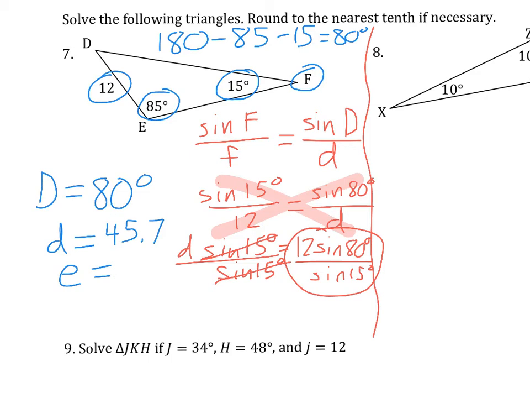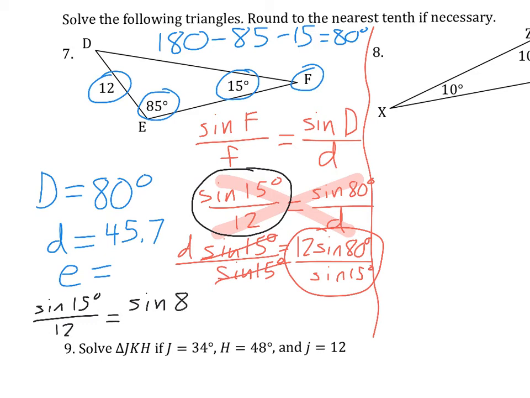Alright, so now we're going to do the same thing, but to find side E. I'm going to copy this part of the problem, because we know we're going to use that again. Sine of 15 degrees over 12 equals, and now we're trying to find side E, so we're going to use sine.